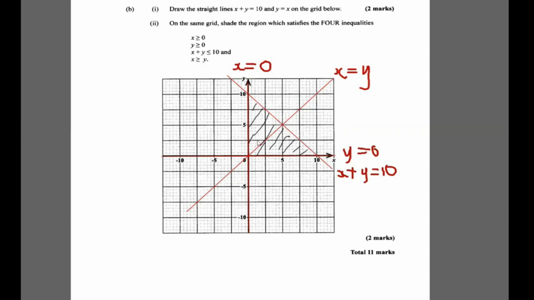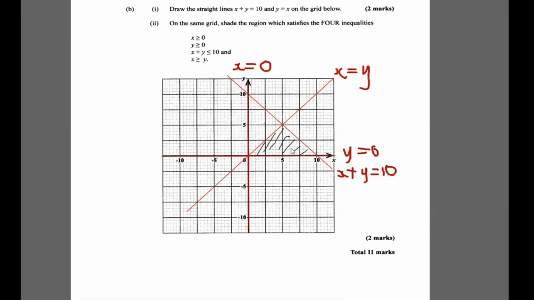But up here now, y is going to be bigger than x. All right, so we just remove this part of the solution. So in here is the solution region.